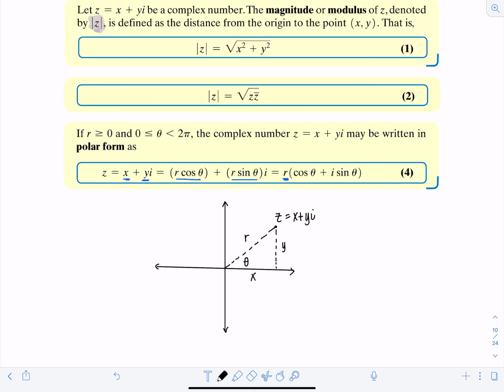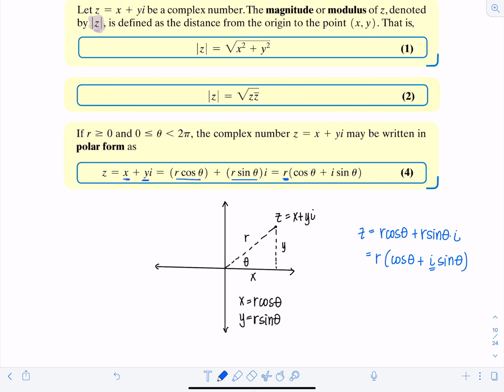Here's theta, here's x. So we know that x is equal to r cosine theta, y is equal to r sine theta, and since we had z equals x plus yi, I can write r cosine theta instead of x plus r sine theta instead of y, i. And then you can factor out that r, so you have cosine theta plus, and then you write the i in the front, sine theta.